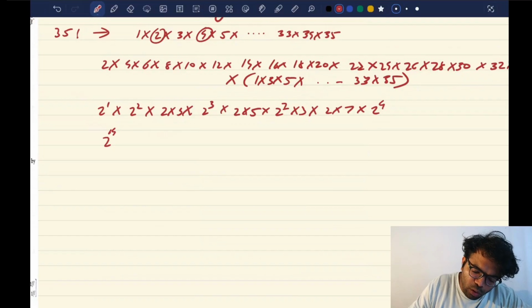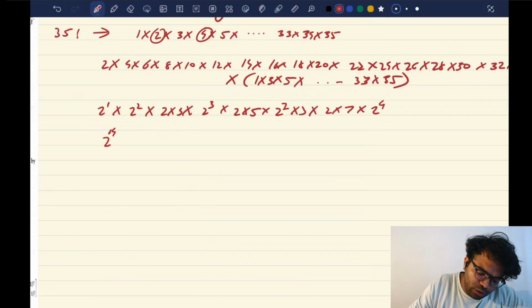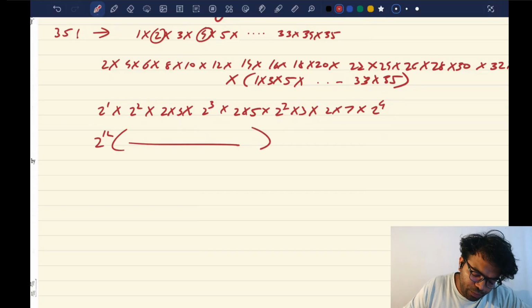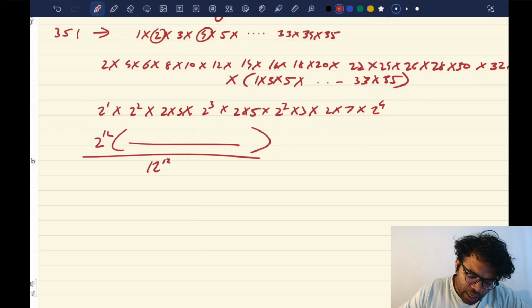Basically this whole thing will have a lot of 2's. You just have to take the 2's together. So if you keep this, you can write it as 2 to the power of 12 multiplied by some huge value. So this will be divisible by 2 to the power of 12. That's it. I don't think you needed to use all the values.